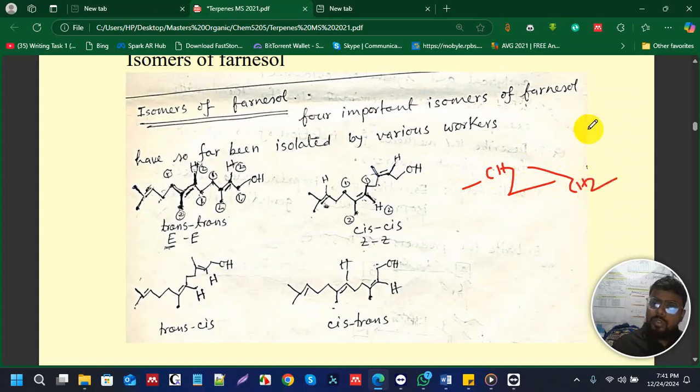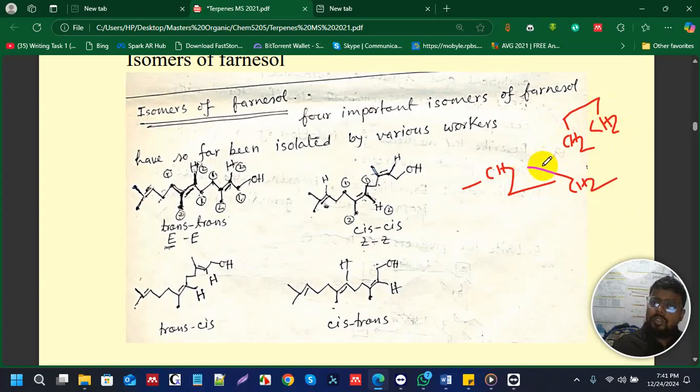When the CH2 groups are on the same side, then we can say that it is a cis form, cis conformation.